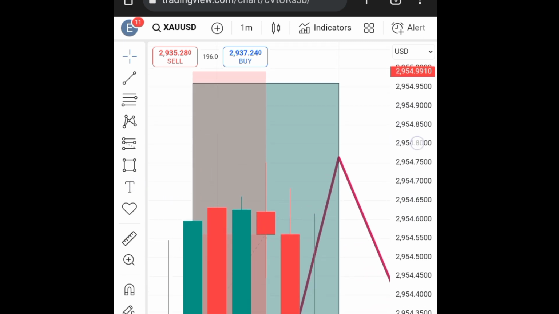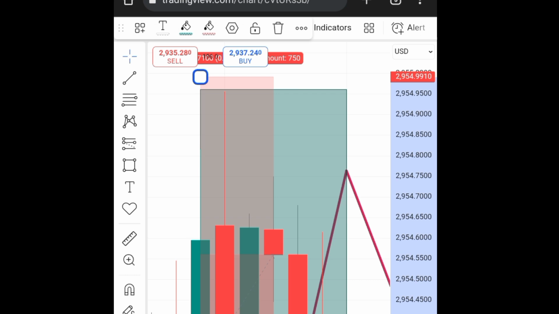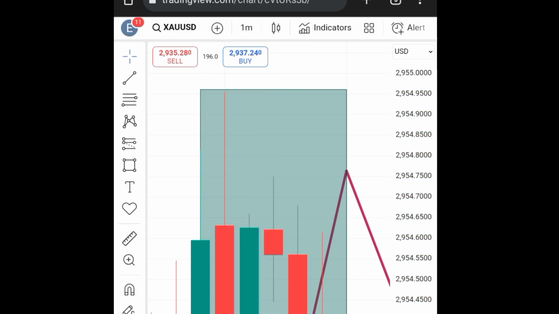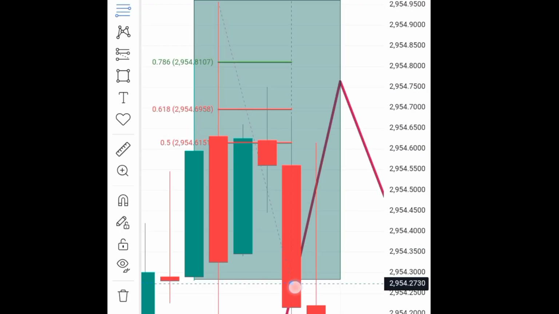Upon this market coming into this zone, you pick your fib. Since this is a sell scenario, you fib from the high, where the candle was, to the end of this 1 minute candle.